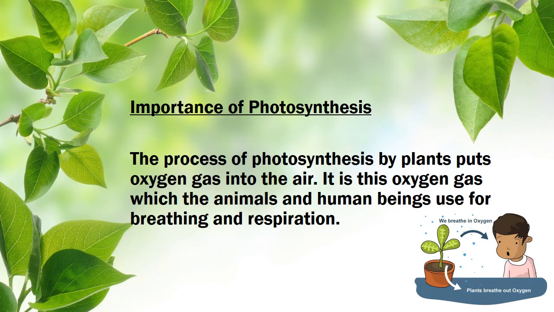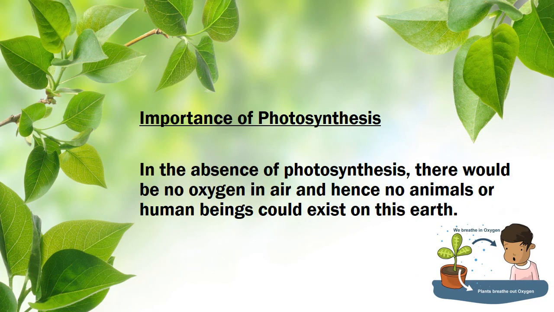Importance of photosynthesis. The process of photosynthesis by plants puts oxygen gas into the air. It is this oxygen gas which the animals and human beings use for breathing and respiration. In the absence of photosynthesis, there would be no oxygen in air and hence no animals or human beings could exist on this earth.